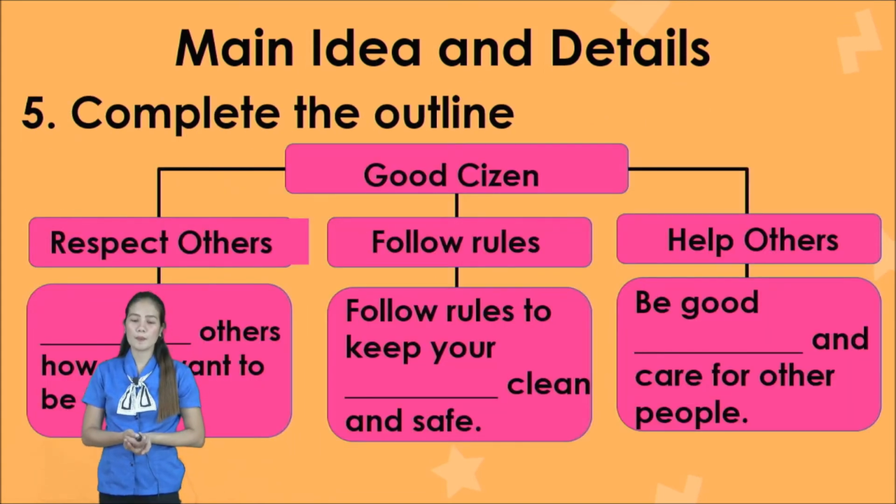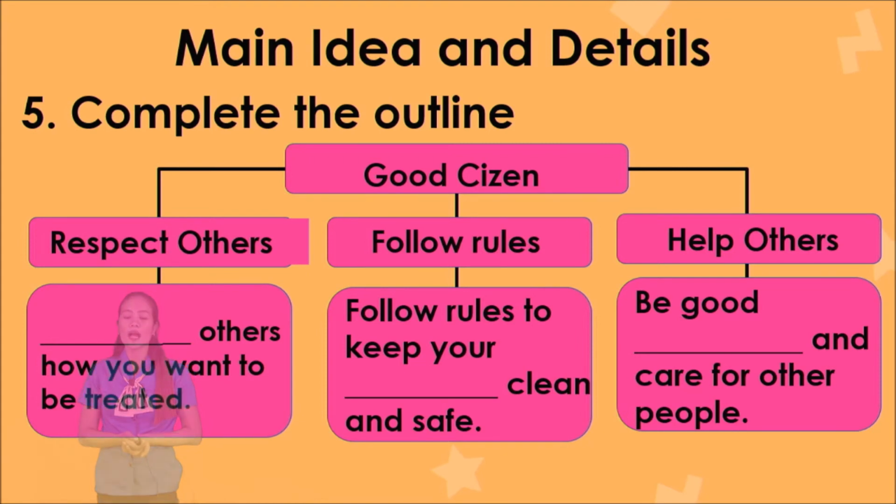For your number 5, complete the outline. Good citizen. The first one, respect others. Blank others how you want to be treated. The answer is treat. Treat others how you want to be treated. And then follow rules.